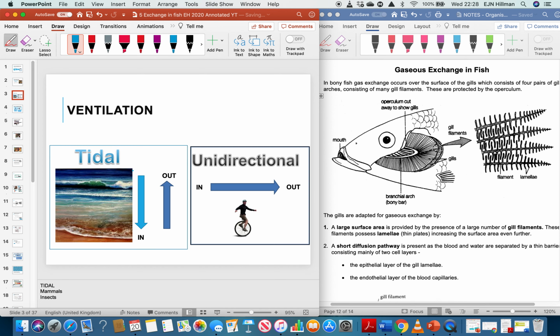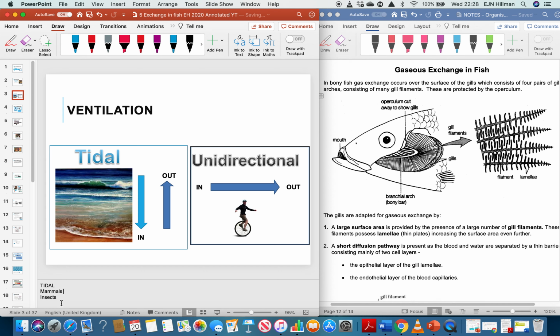Okay, so there are two methods of ventilation. Movement of air in and then out, and then in and out, and repeated, is referred to as tidal. Tidal, like the sea coming in and moving out with the tide. So we see that in mammals.